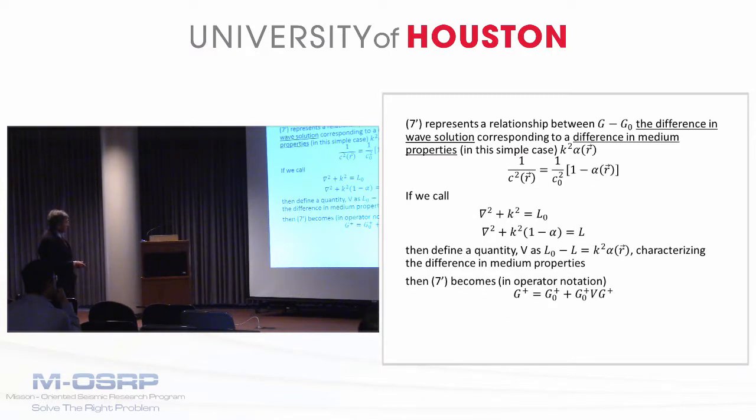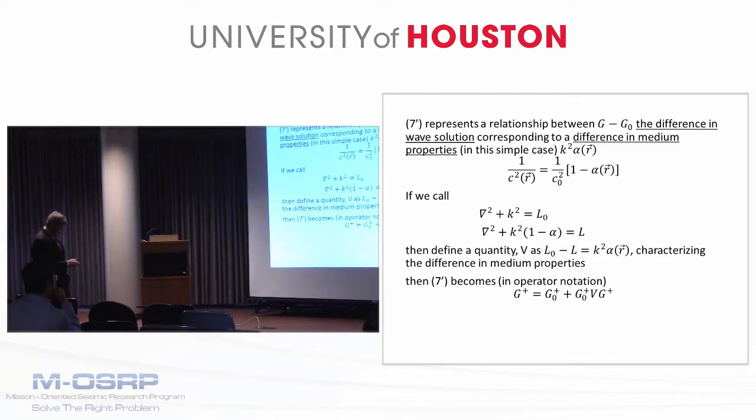Operator form, in other words, we'll call a reference operator del squared plus k squared in this simple context, and then the actual differential operator L for the equations, del squared plus k squared times 1 minus alpha. Then the difference between these two operators, L0 minus L, is simply k squared alpha.